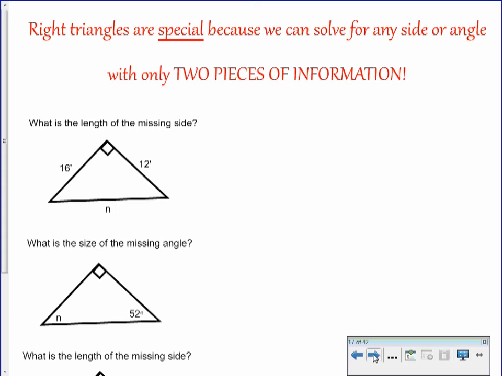Did we not just do a problem like this, where we can find the third side? Do we have 2 legs or a leg and hypotenuse? Legs. Okay. So we can do the 12 squared plus the 16 squared and figure out our n squared, so we would know our hypotenuse.